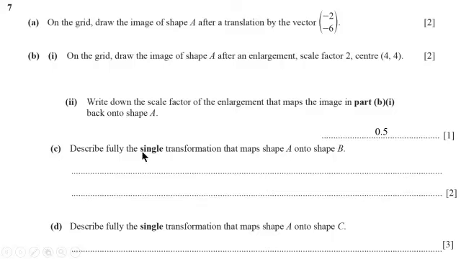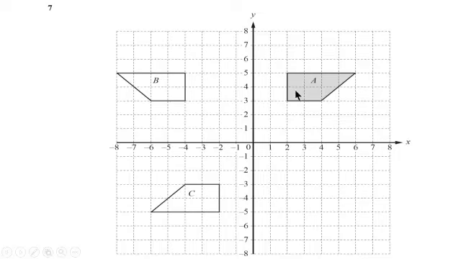C. Describe fully the single transformation that maps shape A onto shape B. If we look at these shapes, this is A and this is B. Of course, this is reflection because this shape is flipped to be this shape. This vertex is to the right and this vertex is to the left. So we have reflection here, but what about the equation, the mirror line? Look at this vertex and its image is here.